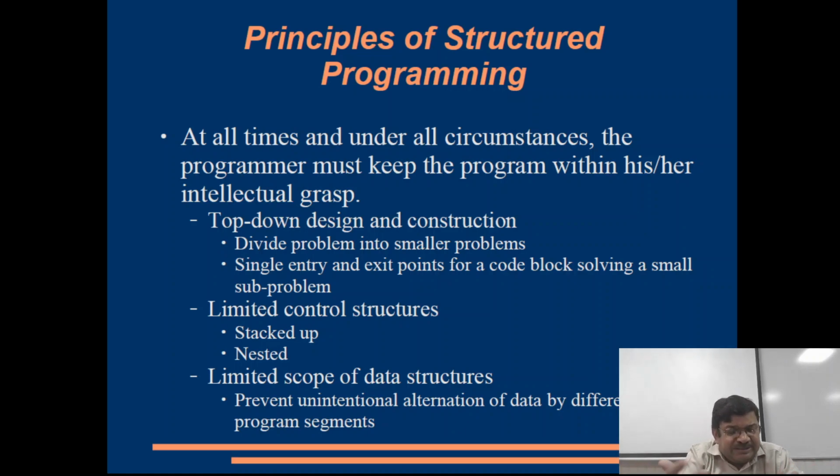So accidental overwriting is avoided, which is very much possible if you do not have any functions and all the identifiers are available at all subsequent points in the code, which is what you do if you write a single main program which does everything.